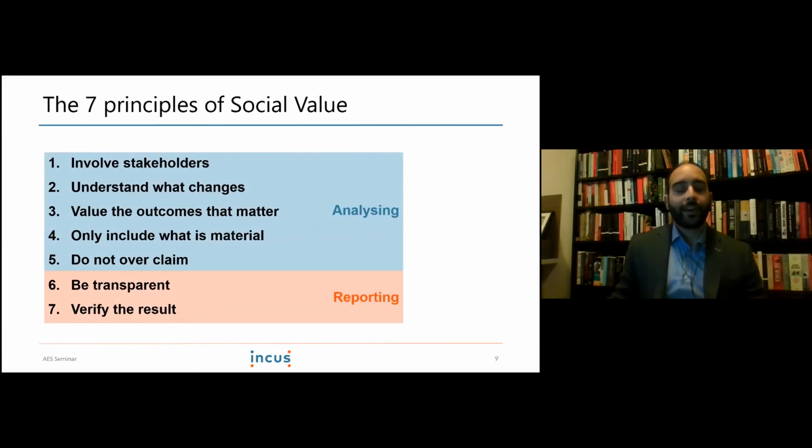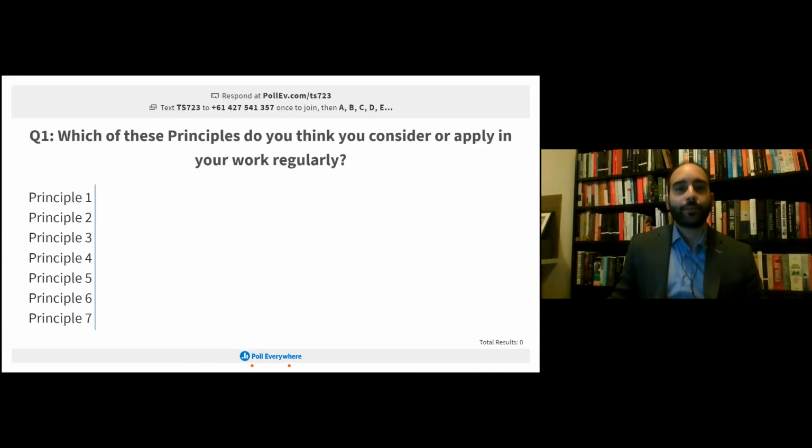So like any good evaluator, I'm interested in some data. I'm interested in some feedback on this presentation itself and what you sort of get out of this seminar. So I'm going to put up a couple of polls here at the start of the session. Hopefully those on tablets or phones can also see this. But this is just a live poll. So I've got a link right up the top there, pollev.com/TS723.